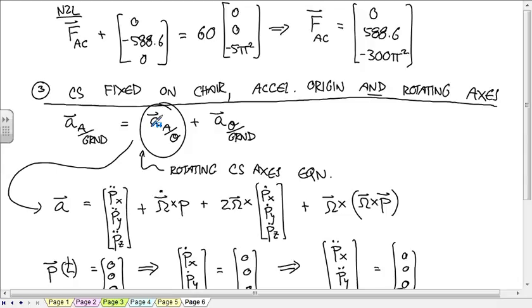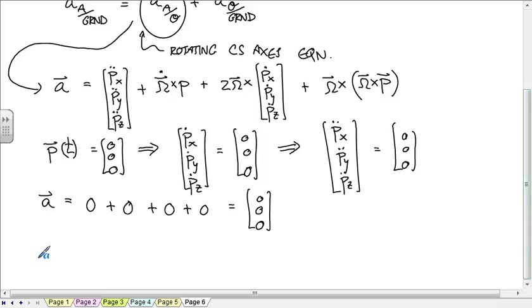But now we have to add this to the acceleration of the origin with respect to the ground. Okay, so what's that? The acceleration of the origin with respect to the ground, that's a circular motion. So what's the omega of that circular motion?